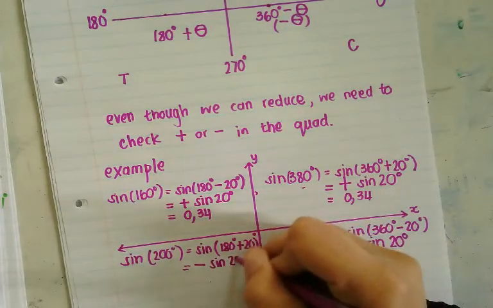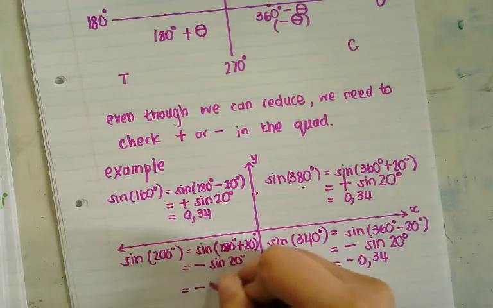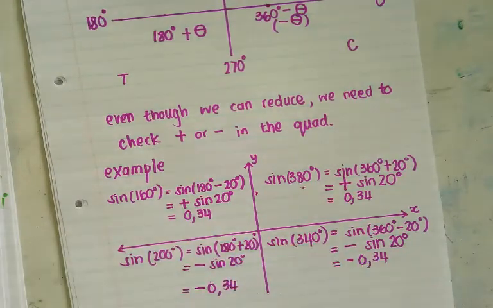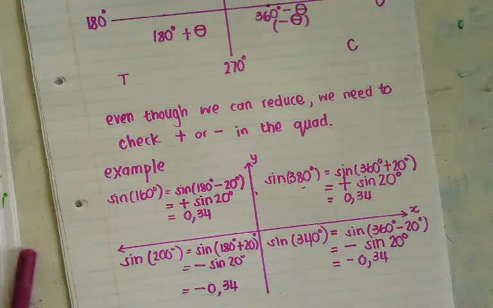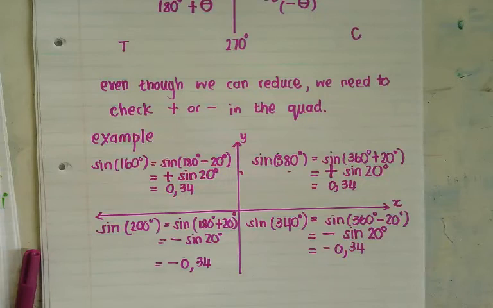Sine 20 degrees, therefore negative 0,34. So if we just know what the acute angle is, we can find it in all 4 quadrants just by knowing one angle.